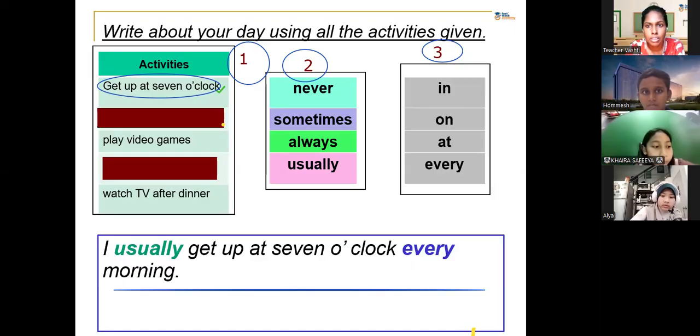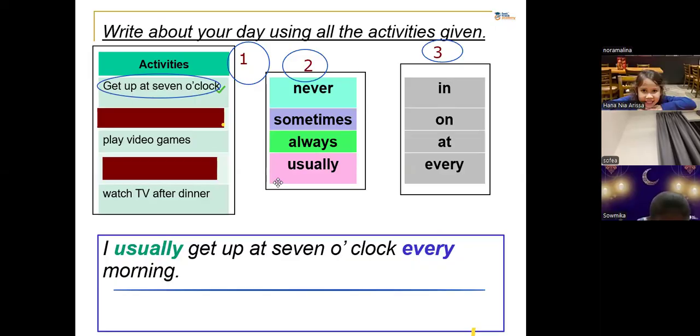Teacher, betul tak jawapan saya kat chat? Yes, good. Yes, Bella. Correct. Okay. Very good. Some of you have done a very, very good job. Fantastic.